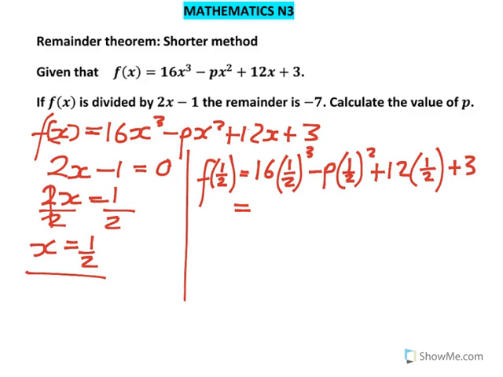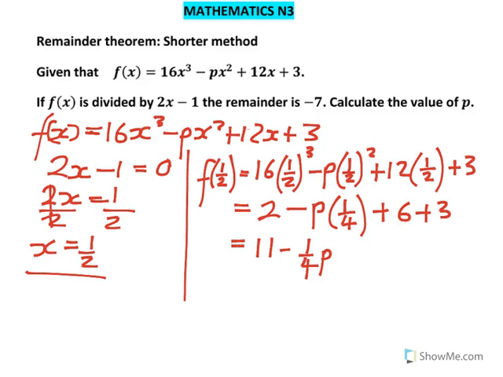Now if you simplify that with a calculator, 16 times 1 over 2 cubed, you'll get 2. P times half squared, you'll get 1 over 4 p, and 12 times half, you've got 6, plus 3. If you add the numbers, 2 plus 6 plus 3, you're going to get 11 minus 1 over 4 p. This is f of half.